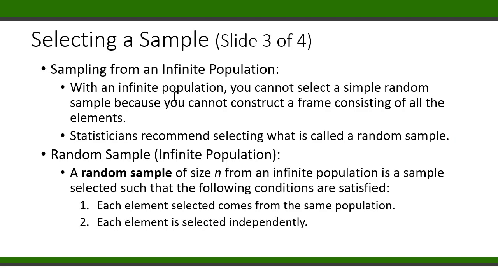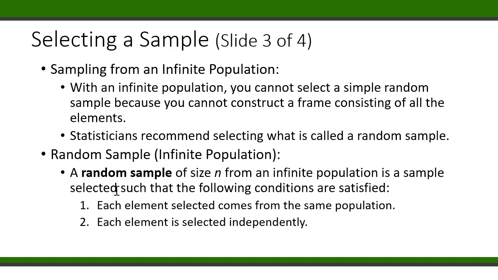Now, sampling from an infinite population. With an infinite population, you can't do a simple random sample because you can't get a frame consisting of all the elements. So what statisticians recommend is selecting just a random sample.